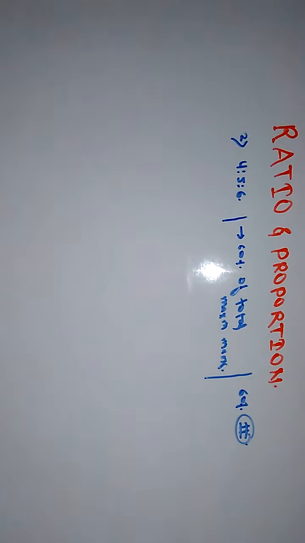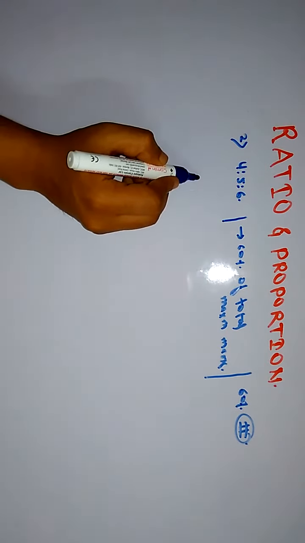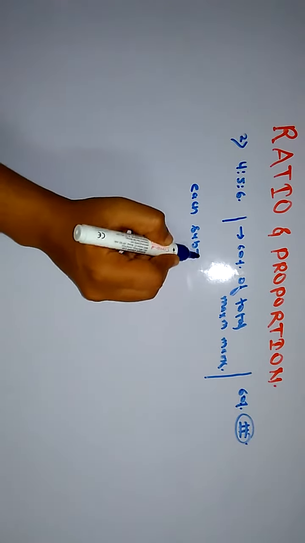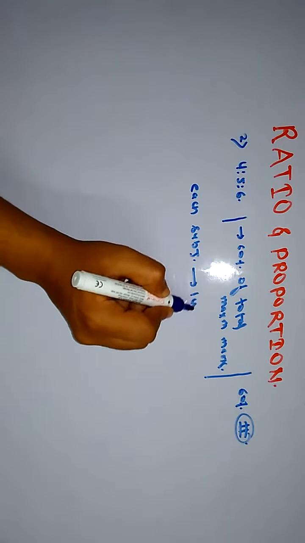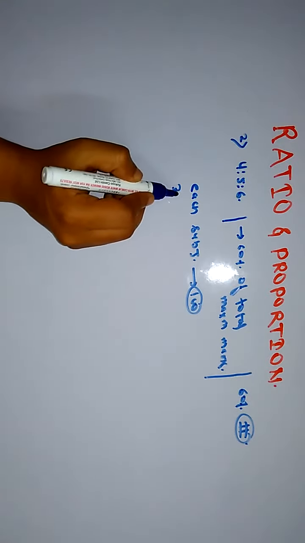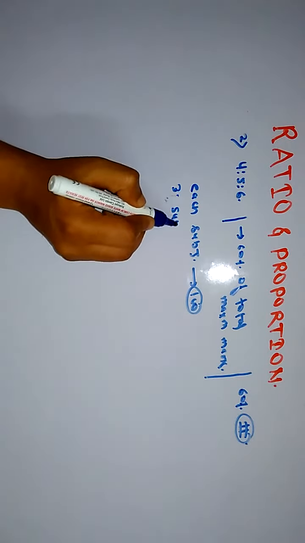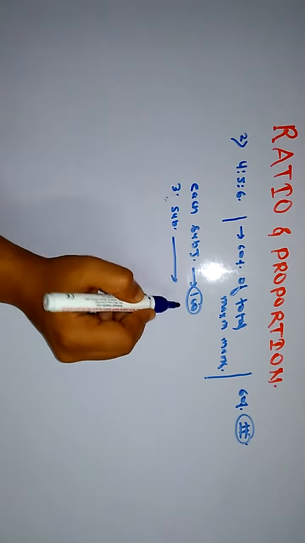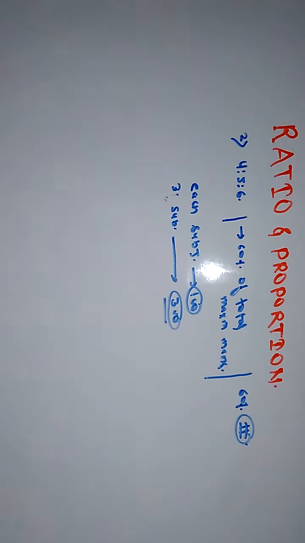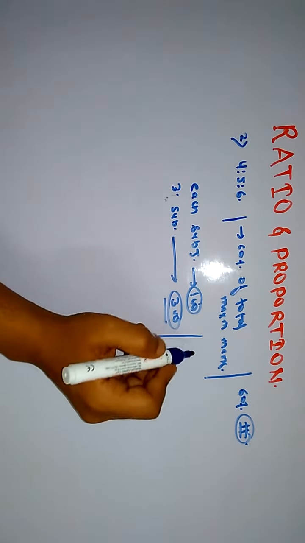To solve this, I am assuming each subject has 100 marks as the maximum. There are three subjects, so the maximum is 300 marks, and he is able to score only 60% of this 300 marks.